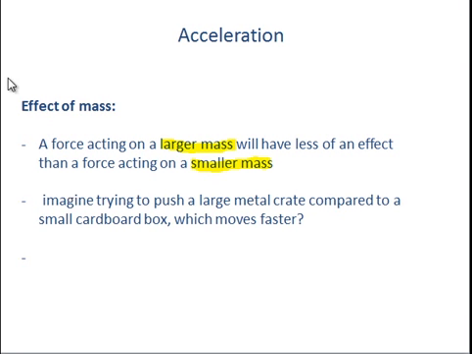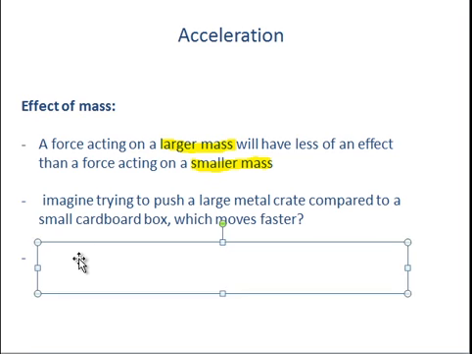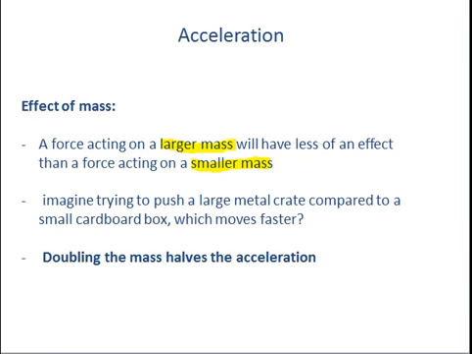Imagine trying to push a large metal crate along a road compared to the small cardboard box we were talking about earlier. It would move a lot more slowly and it wouldn't accelerate very fast. Whereas if you're pushing a small cardboard box, the acceleration would be much greater. So this gives us the other part of the equation, because we know that doubling the mass halves the acceleration.